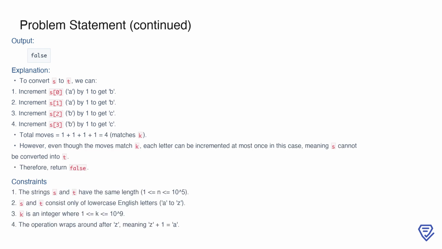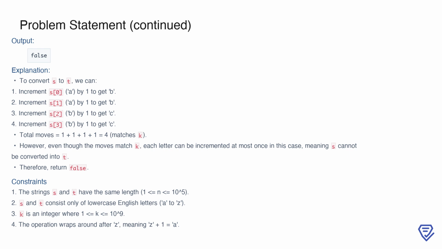In the third example, we are given s equals ab, t equals bbcc, and k equals 4. To perform the transformation, we increment the characters as follows. Increment s[0], which is a, by 1 to get b, increment s[1], which is a, by 1 to get b, increment s[2], which is b, by 1 to get c, and finally, increment s[3], which is b, by 1 to also get c.